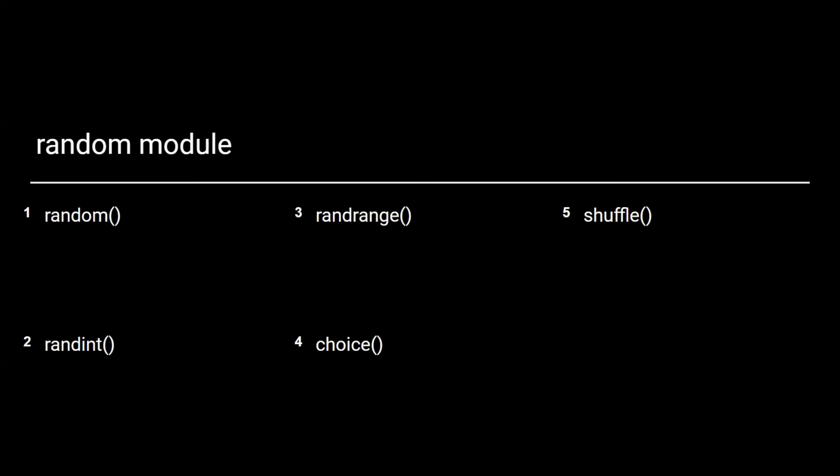Then we have randint. It returns a random integer between the specified integers. Then we have randrange. It returns a randomly selected element from the range. Then we have choice. It returns a randomly selected element from a non-empty sequence. And then we have the shuffle function. It randomly reorders the elements in a list. So guys, let's move on.